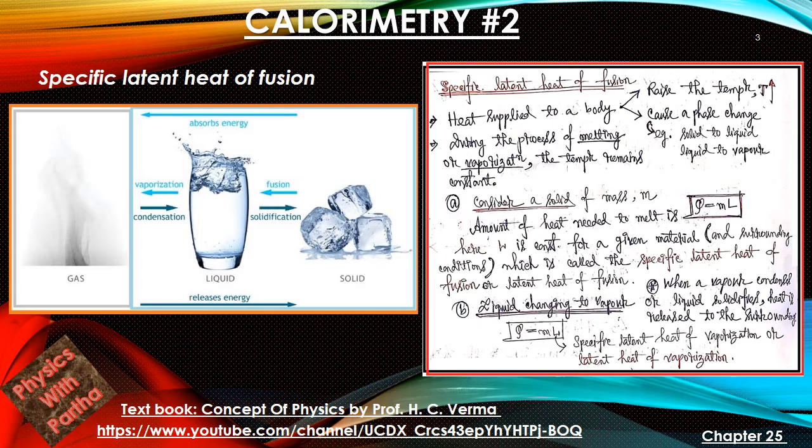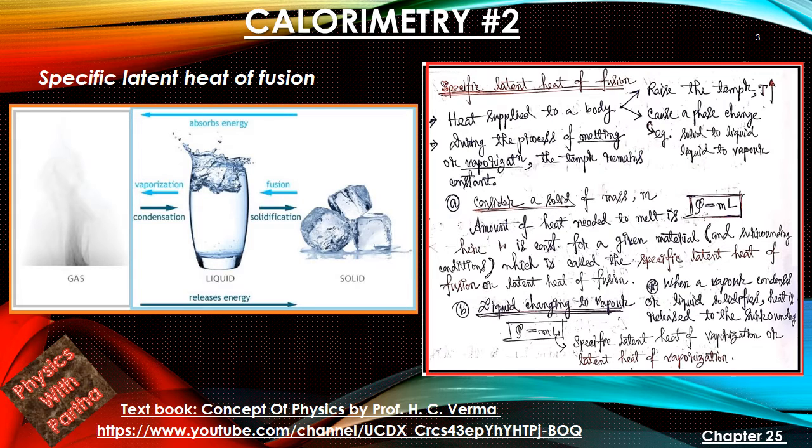Now consider a solid of mass m. The amount of heat needed to melt it is Q equal to mL. We have already learned this. Here L is, for a given material, the latent heat, a constant which is called the specific latent heat of fusion or latent heat of fusion. Now this L is given per unit mass.